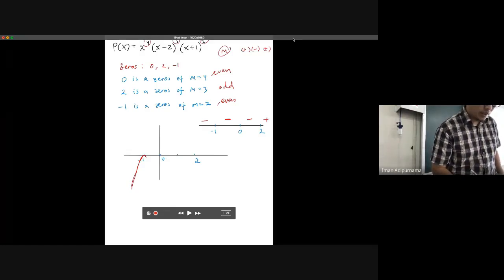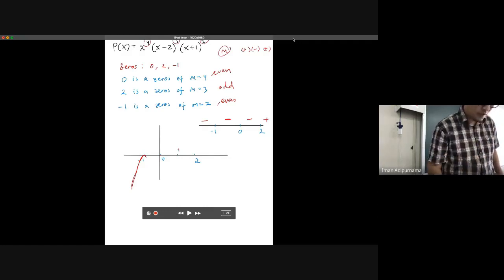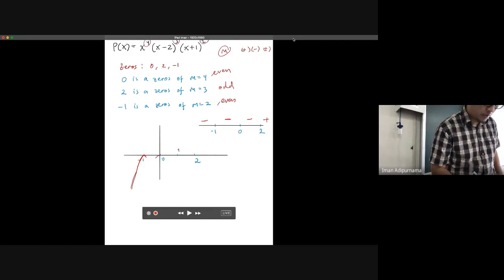And then 0 is also in the negative sign. So from negative 1, 0, and maybe 1 here, it's all negative. And you see the 0 is also even, so it should touch around here, like even functions.